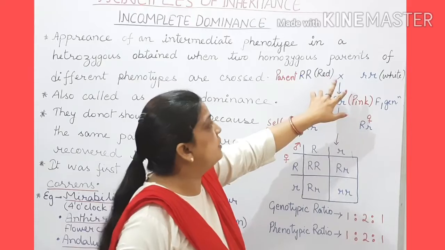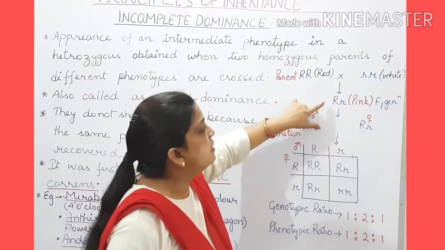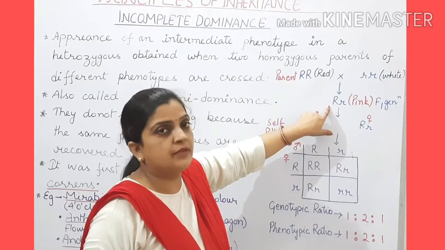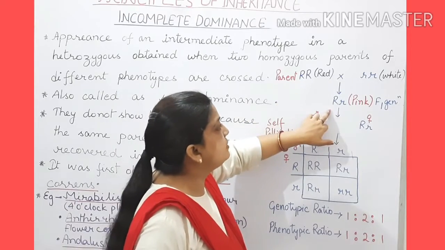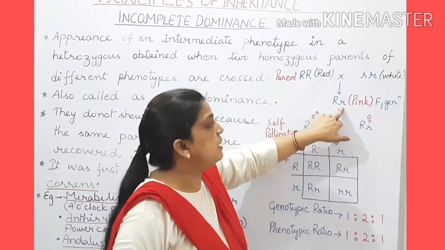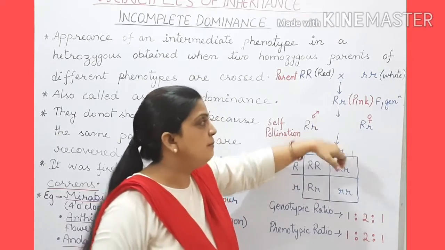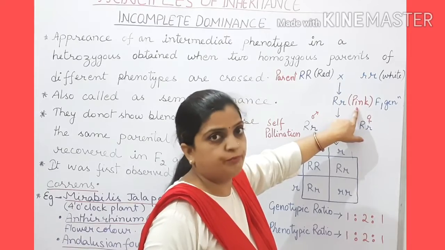So when two homozygous parents of different phenotypes are crossed together, then in the F1 generation an intermediate phenotype is observed. According to Mendel, what would be the result here? It would be capital R small r, which should be a red color flower. But you can see that in the F1 generation, a pink flower was obtained.